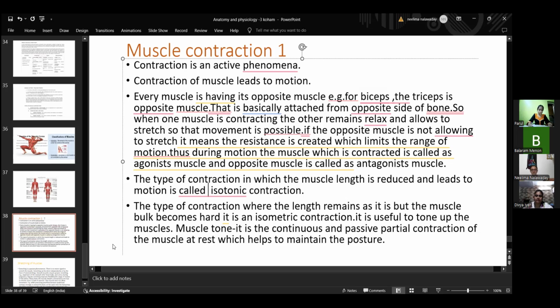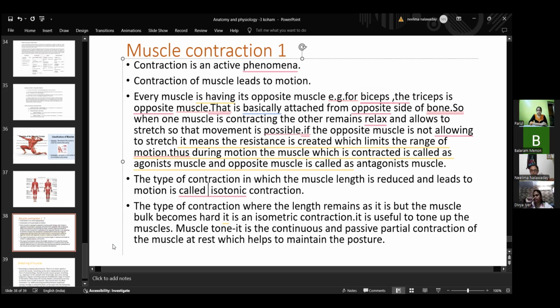If I am sitting here and something comes towards me with speed, when I see it, I am able to dodge that object trying to hit me, because my muscles are in a partially contracted position and they can contract and shift my body.